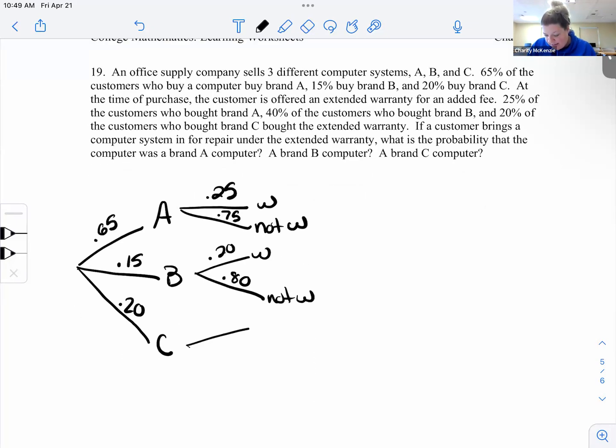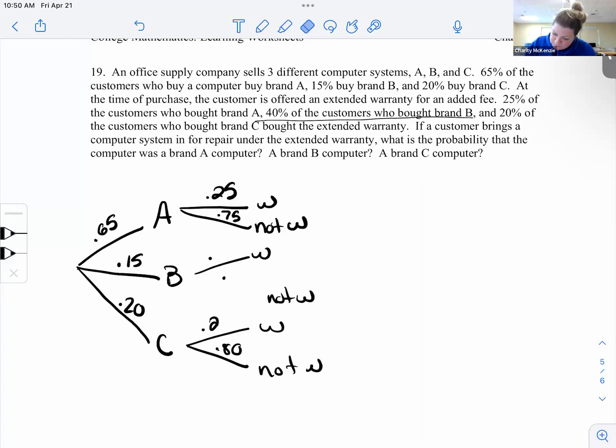And with brand C, oh, 40% for B. Sorry, 20% was this one. Not W was 80, and this one was 40%. So 40% said yes, so 60% said no, thank you.